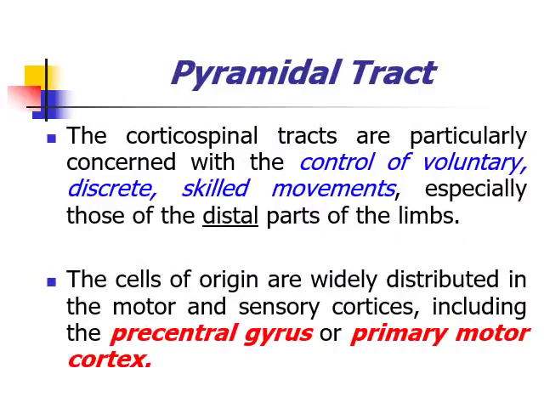The corticospinal tracts are particularly concerned with the control of voluntary, discrete, and skilled movements, especially those of the distal parts of our limbs, meaning that the pyramidal tract is concerned with the movements of our hands and our fingers for discrete movements. The cells of origin are widely distributed in the motor and sensory cortices, including the precentral gyrus and primary motor cortex.